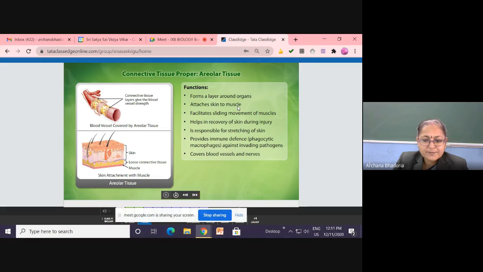Second point, and then write down the last point, children, covers blood vessels and nerves. So between nerves and blood vessels, that's why I said children, it helps in packaging.